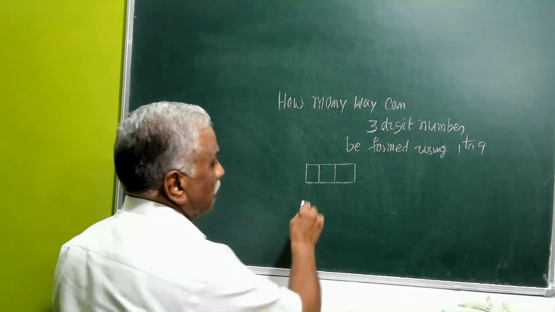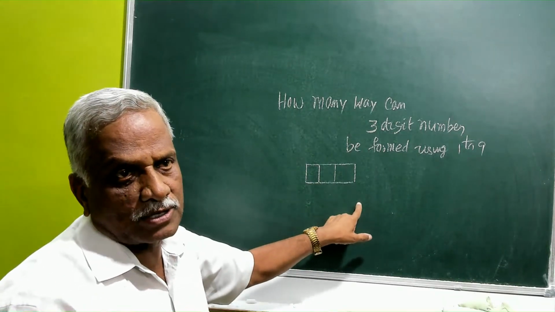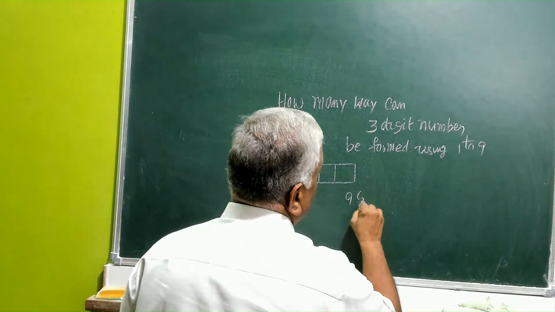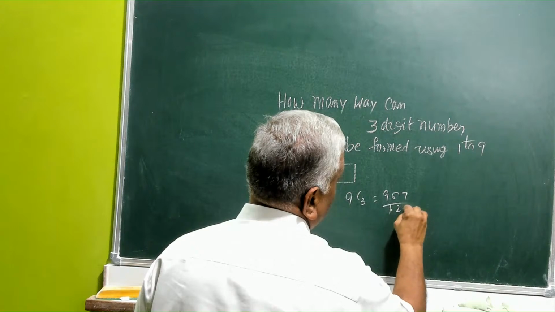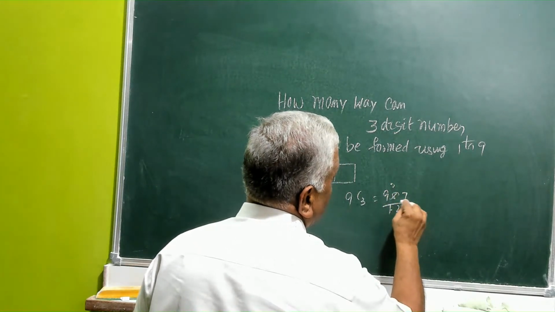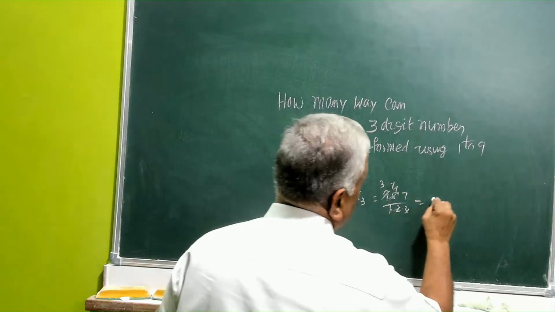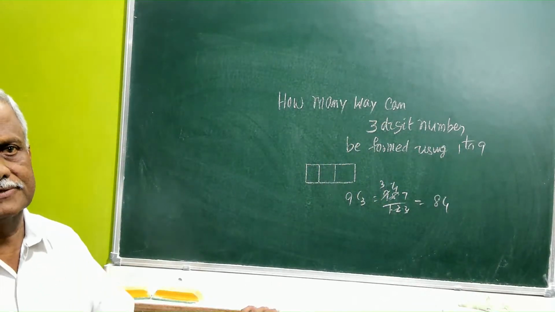So first box you can fill in 9 ways, second box in 8 ways, third box in 7 ways, or you can directly write 9C3, that is 9 into 8 into 7 by 1 into 2 into 3. 3 3s are 9, 2 4s are 8, and 3 is 84. It's a simple problem.